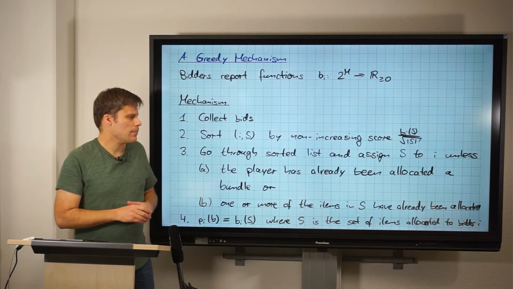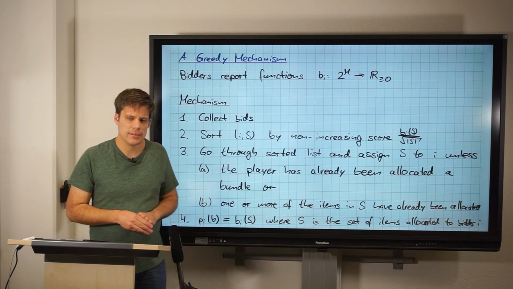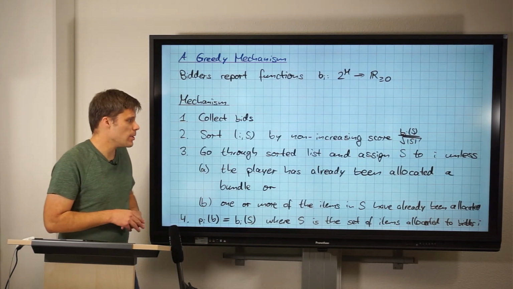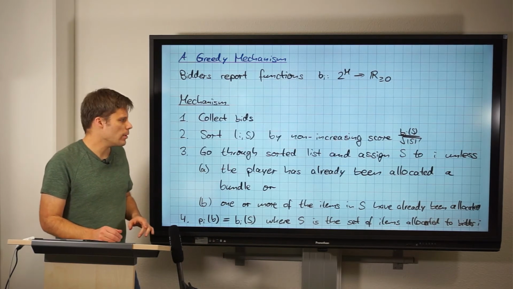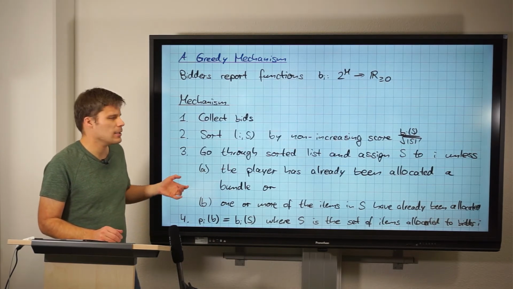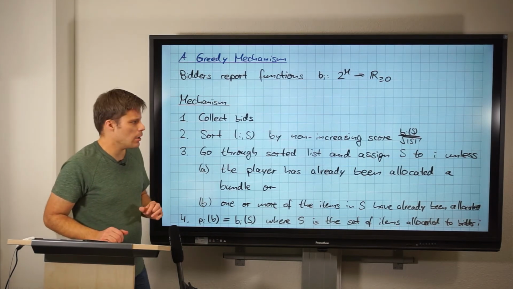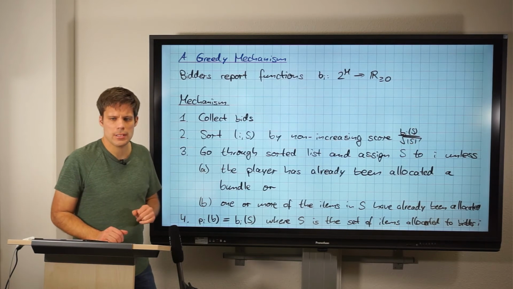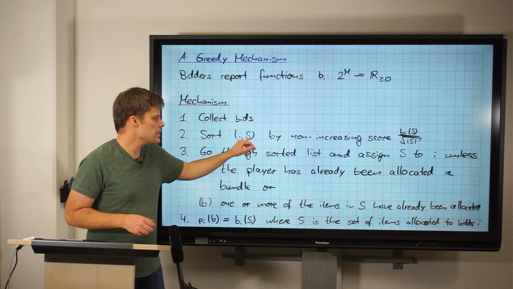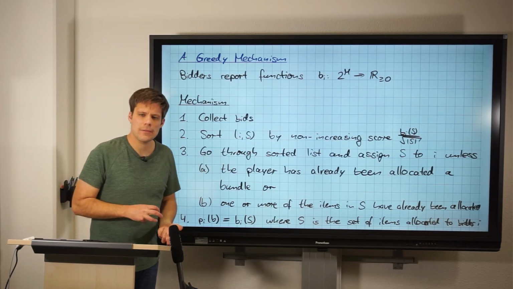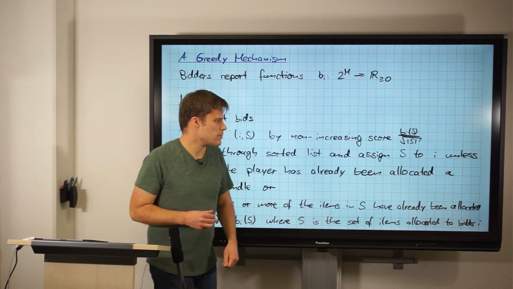So you might remember the greedy by value mechanism, or greedy by square root value density. I mean, that worked more or less the same way, except for the fact that their bidders were single-minded, so we actually only had to order the bidders. Now we'll have these pairs of bidders and sets that we might give them, and we now order them by this non-increasing score.